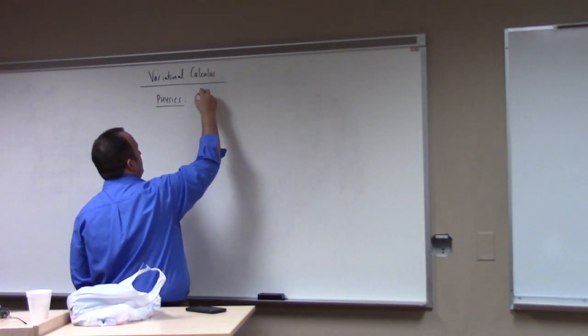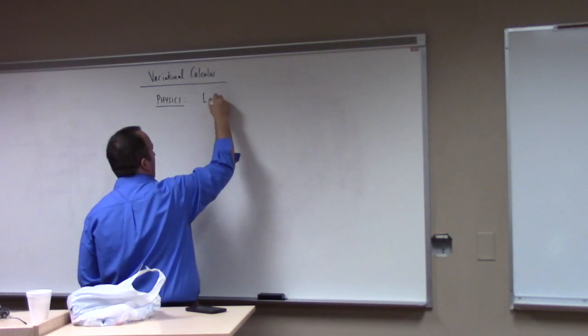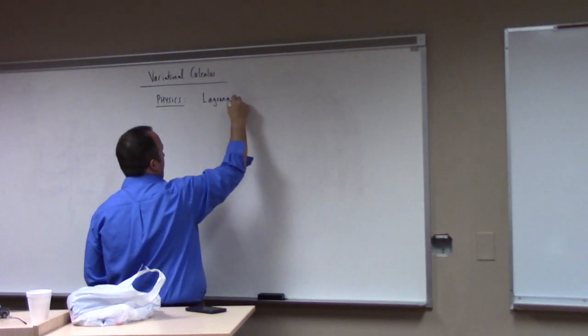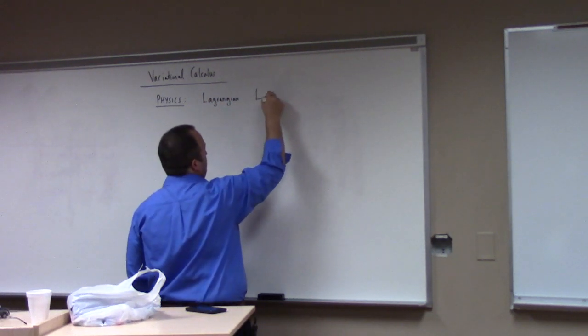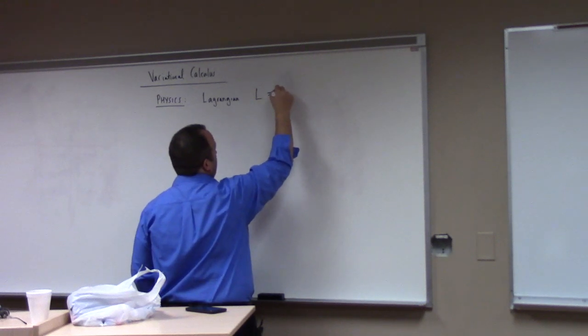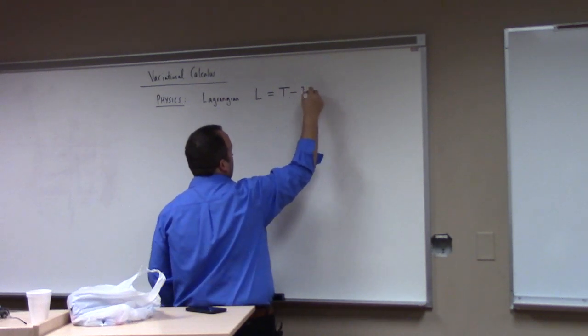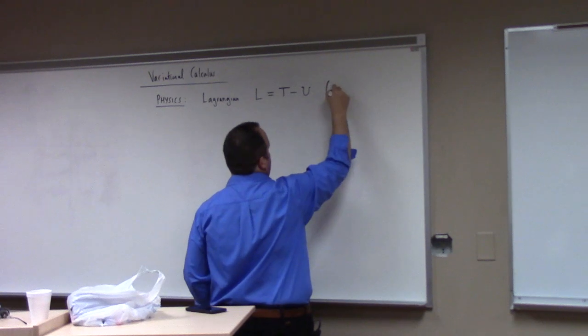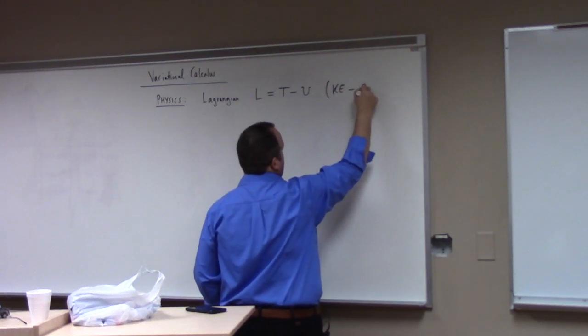So we say the Lagrangian L is equal to T minus U. If you like, that's kinetic energy minus potential energy.